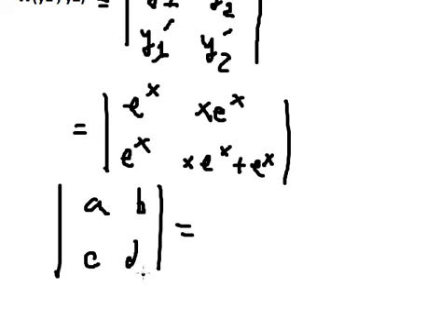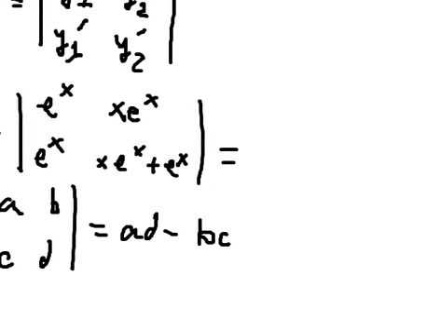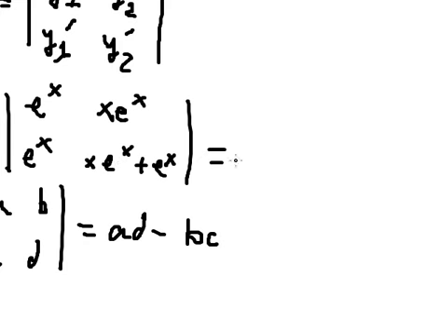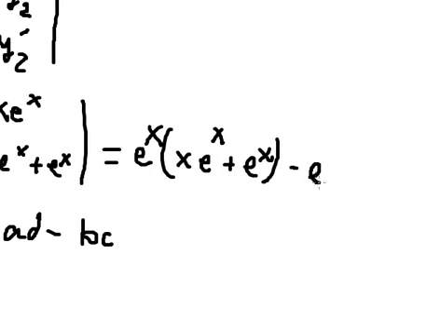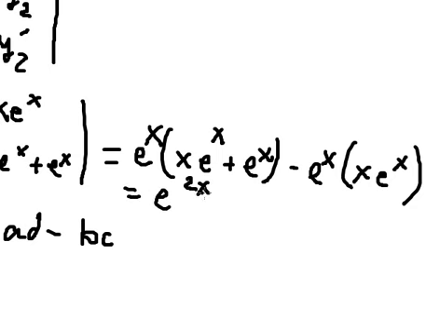We have A multiplied by D minus B multiplied by C. So this one multiplied by this one minus e to the power of s multiplied by s e to the power of s. So if we simplify, you got e to the power of 2s.